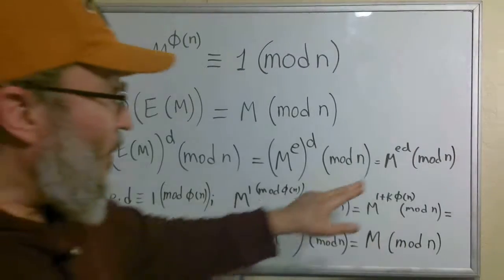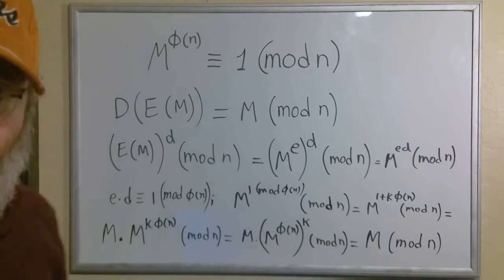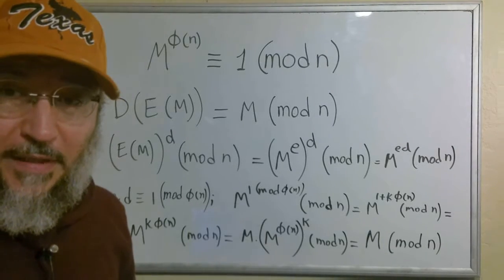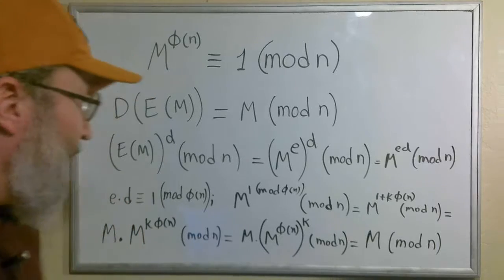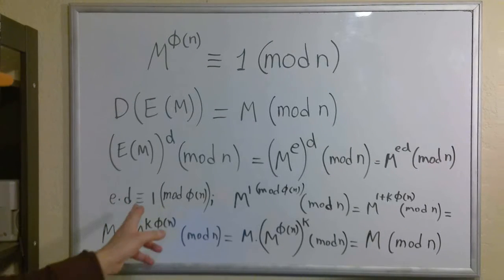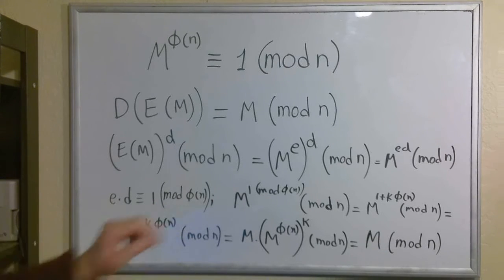Now, we have to look at the definition of e and d. Like, how do we choose the two keys, or the key pair, right? There is a relationship between the private key and the public key. And the relationship is that if we multiply e and d, we should get 1 mod φ(n).